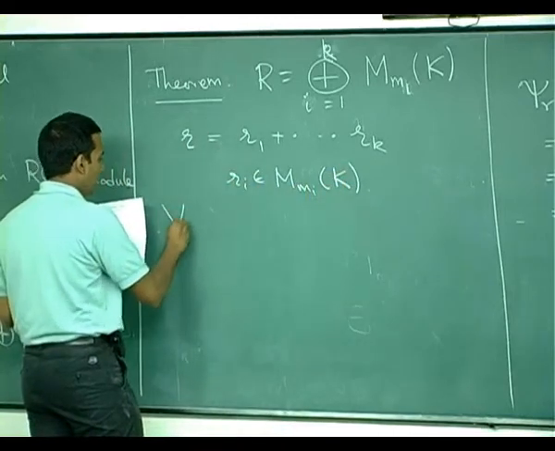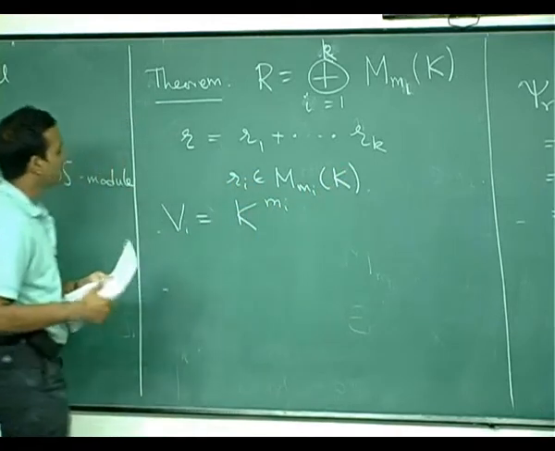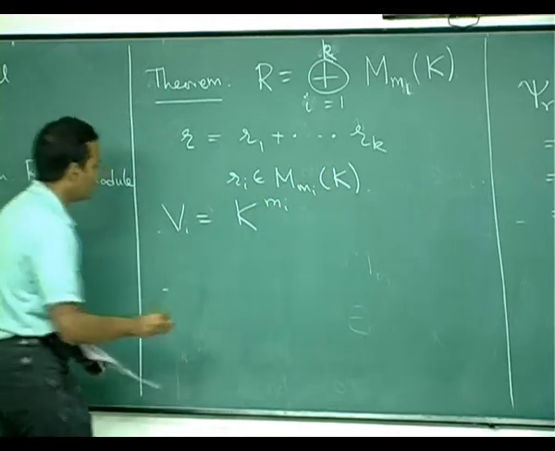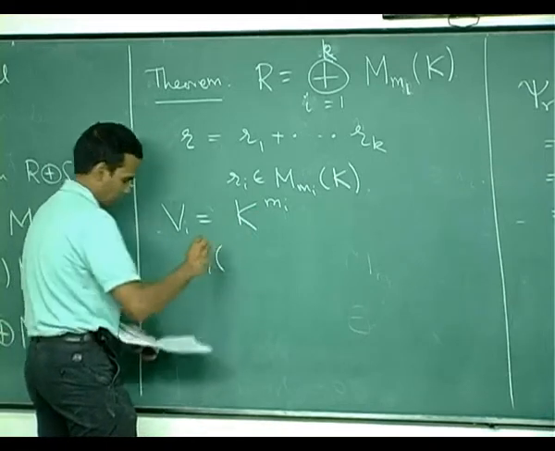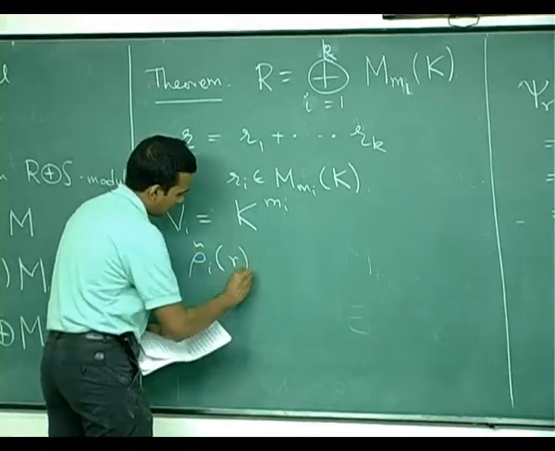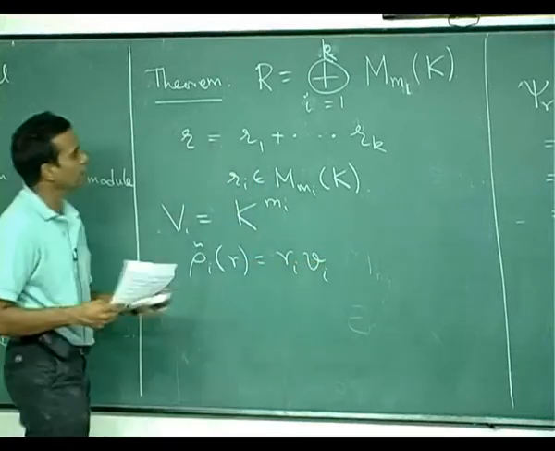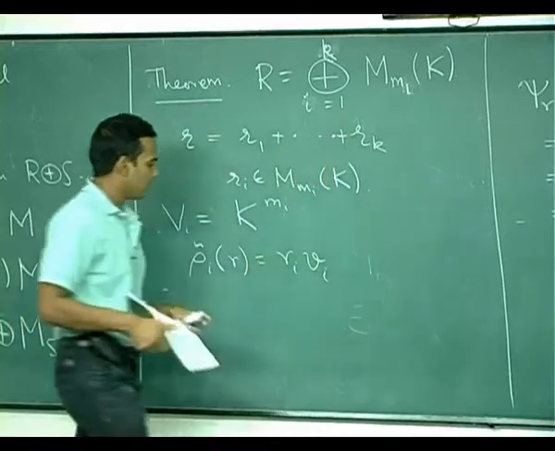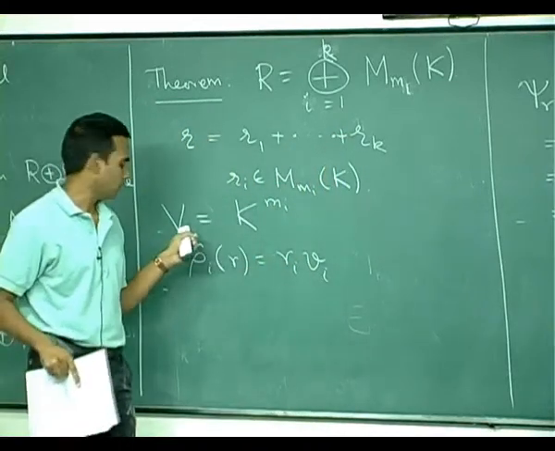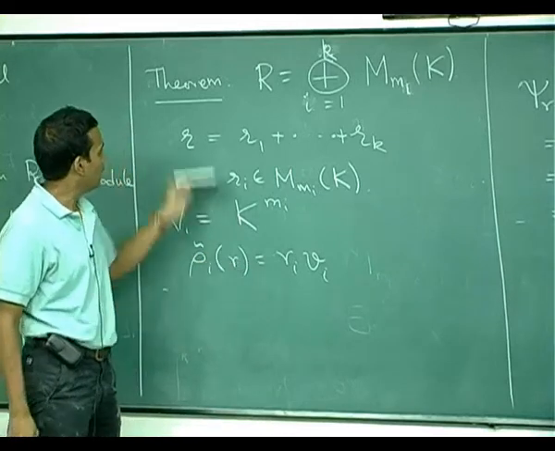Now let V_i be just k to the power m_i, but I want to think of it as an R module as follows. So rho_i tilde of r is r_i acting on V_i. So only the ith matrix algebra acts non-trivially on V_i. So here I have defined for you an R module.